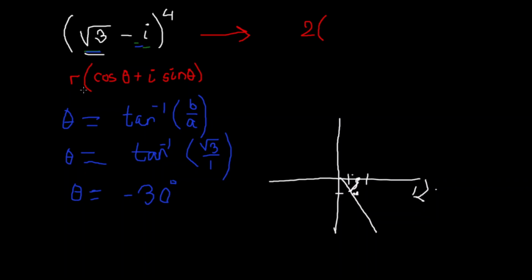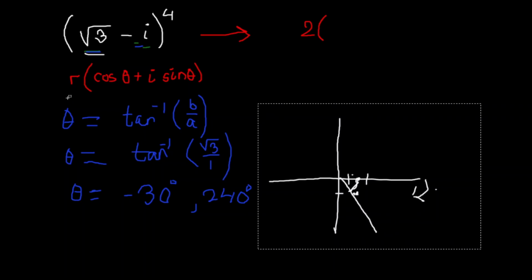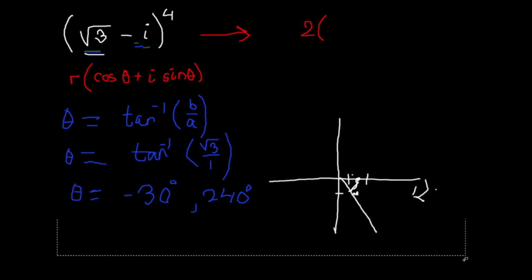You can write it in positive too. All you have to do is add 360. If you add 360, this is the same as 240 degrees. So any of them works. So now we have our theta.